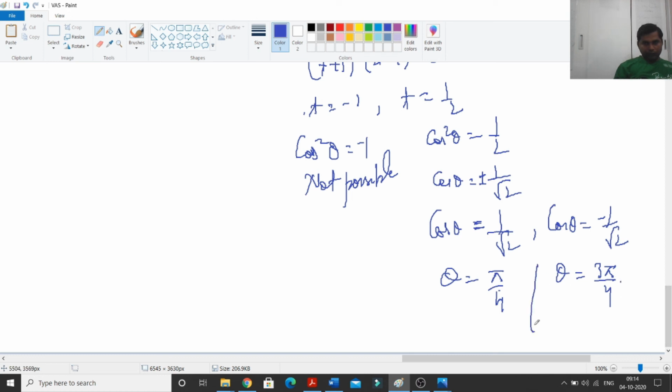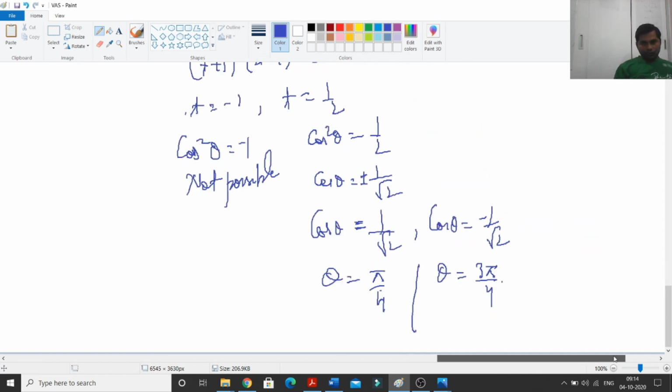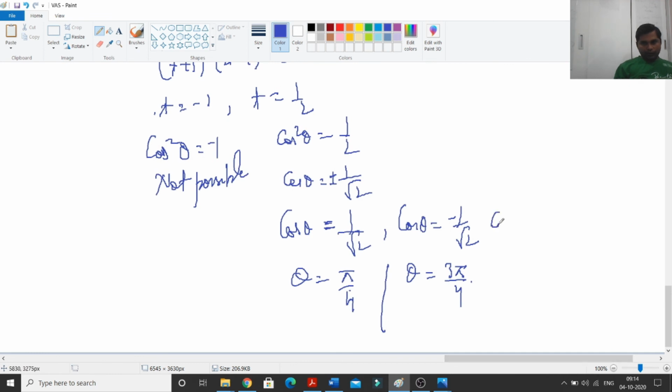If you use the GDC, the calculator, and do cos inverse of minus 1 over root 2, you will get this answer.